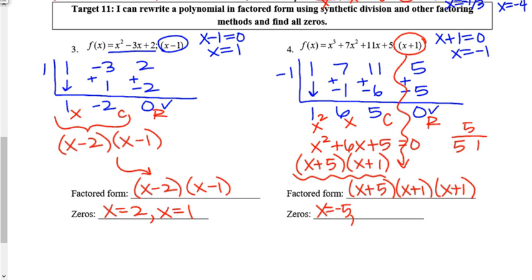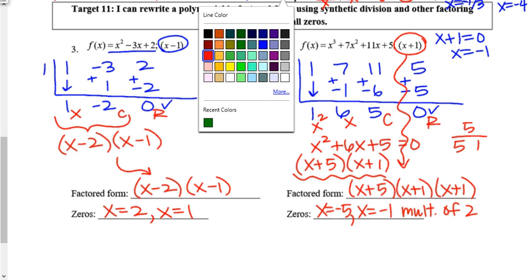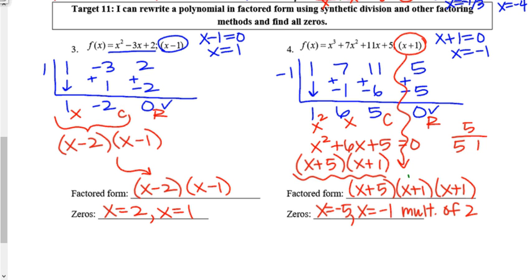And then I also get x equals negative 1, but I'm going to say multiplicity of 2 because it happened not once, but twice. X plus 1 was a factor twice, so when I set that equal to 0, I get negative 1, but I actually get negative 1 with the multiplicity of 2, meaning I have it twice.